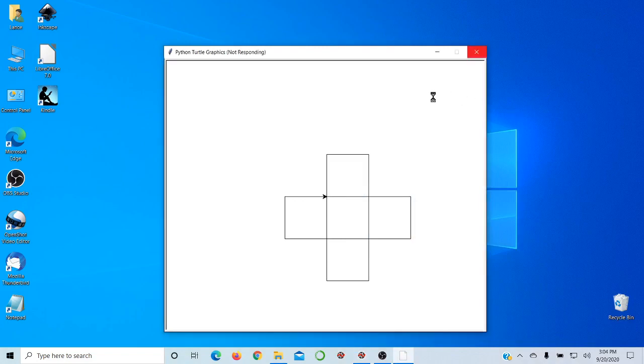So that'll work pretty well as far as graphics goes. Well, I'm not exactly sure what I'm supposed to do now.